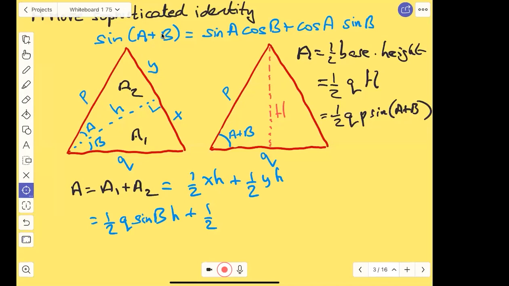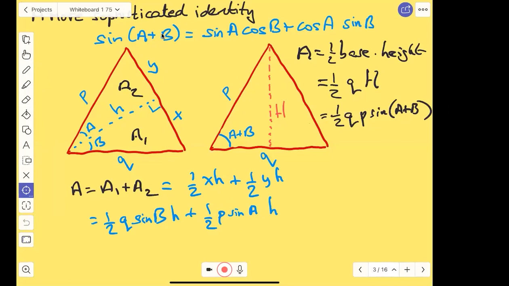Y over P is the sine of A. So P times the sine of A is equal to Y, and that's going to be multiplied by H. So now we want to equate this to this.